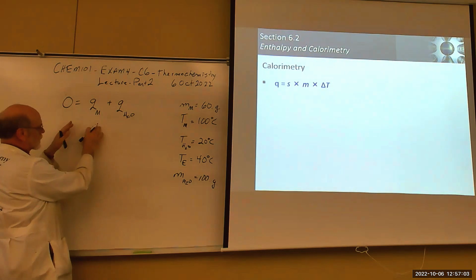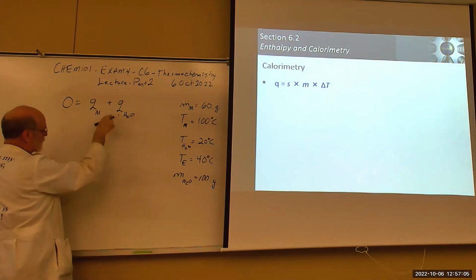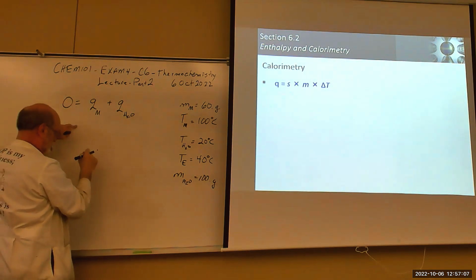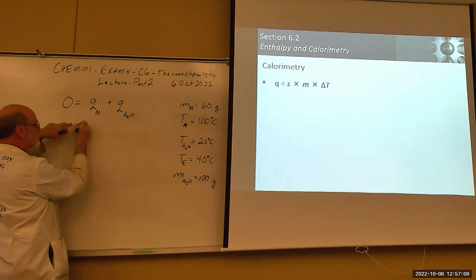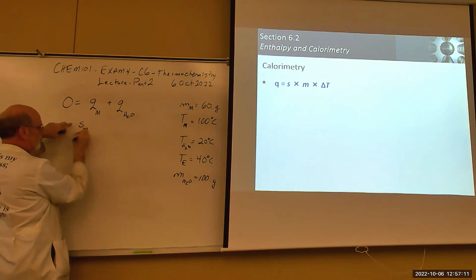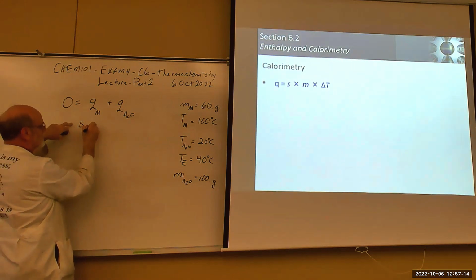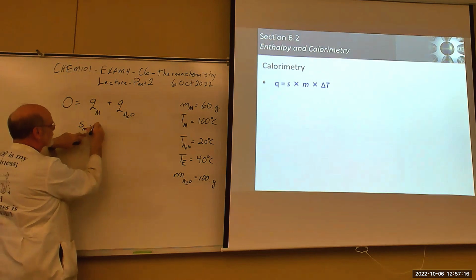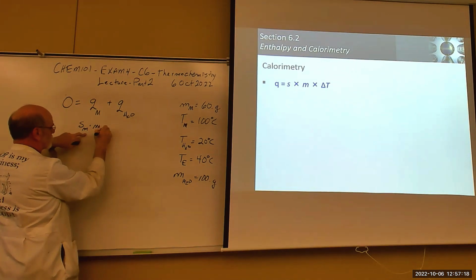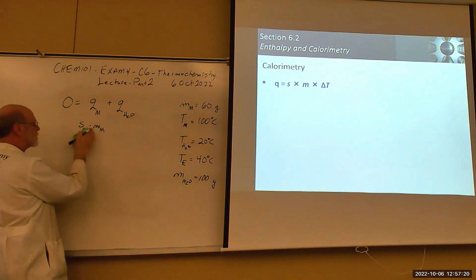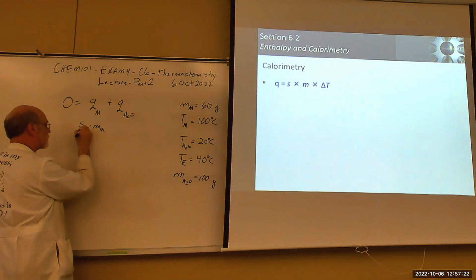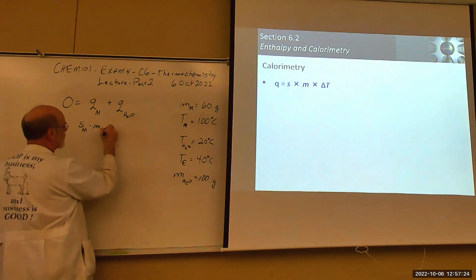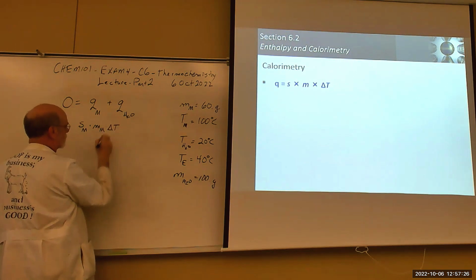Okay. So the formula we're going to use here is this one is equal to the specific heat of the metal times the mass of the metal, times the change in temperature.